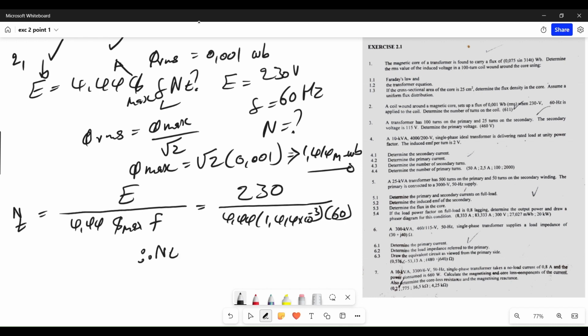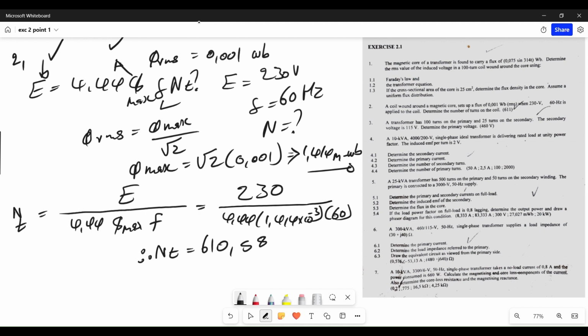Therefore, the number of turns is equals to, wait, I'm seeing something. Okay, yeah, I got 610.58.